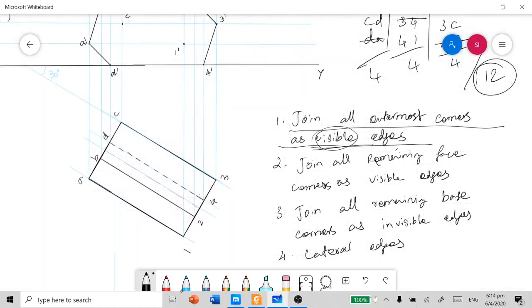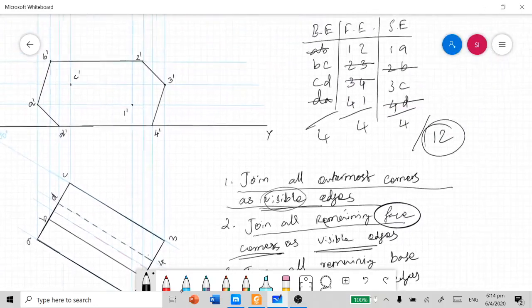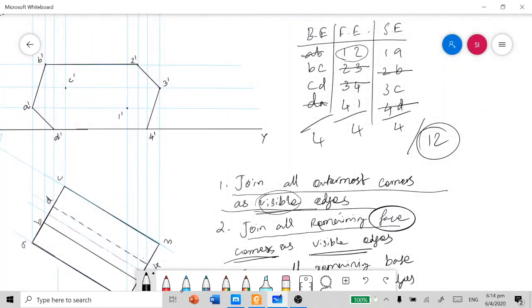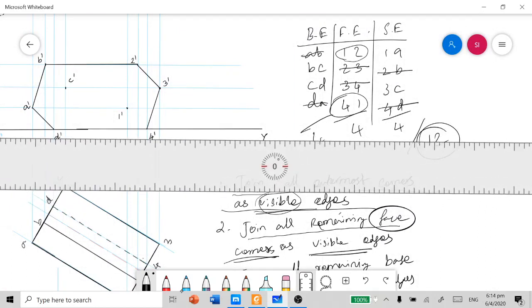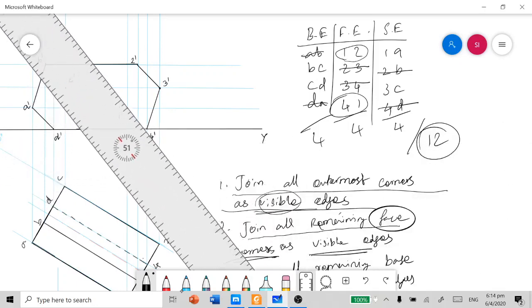The rule number 2 is you have to join all remaining face corners as visible edges. The remaining face corners are 1 2 and 4 1. These two edges have to be connected as visible edges. Let me connect them as visible edges.